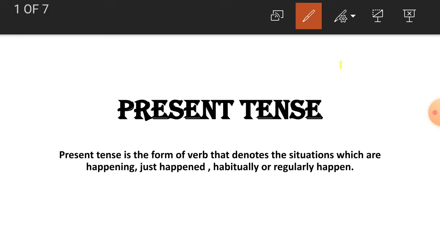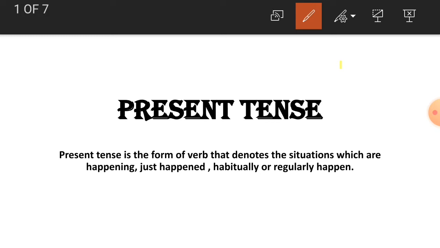Students, according to the definition, present tense is a form of verb. It denotes the situations: what is happening, what has just happened, what happens habitually or regularly.